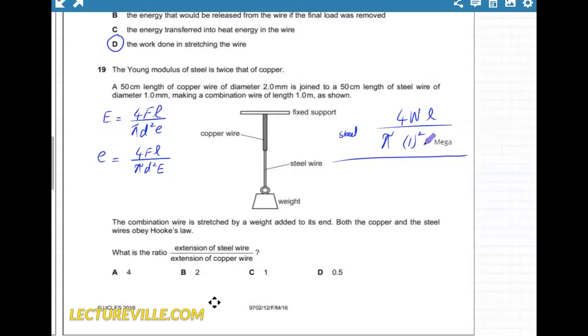Into Young's modulus: he said its Young's modulus is twice that of copper, so I'm putting 2E. Over 4, same load W, same length L, pi, the diameter is twice, so it is 2 squared, into E.